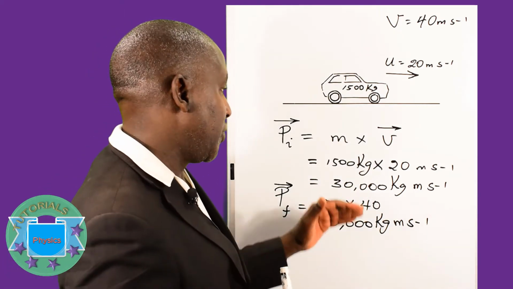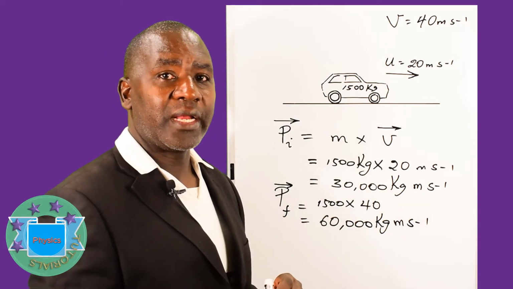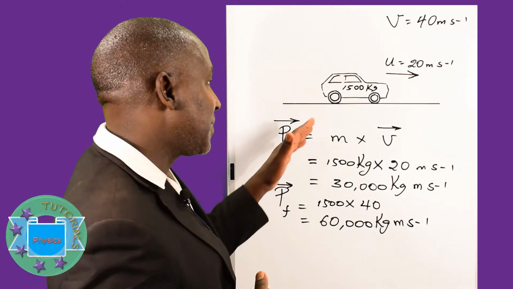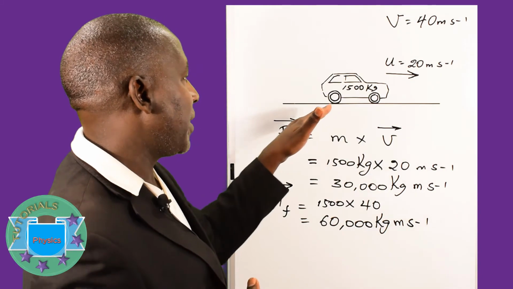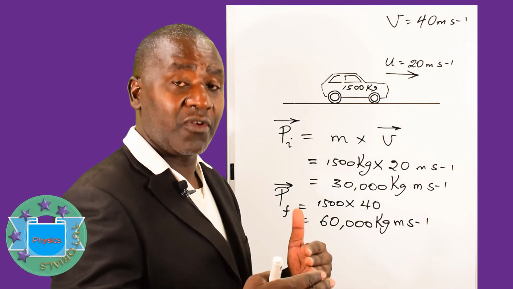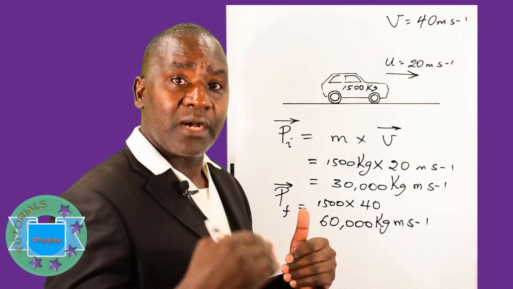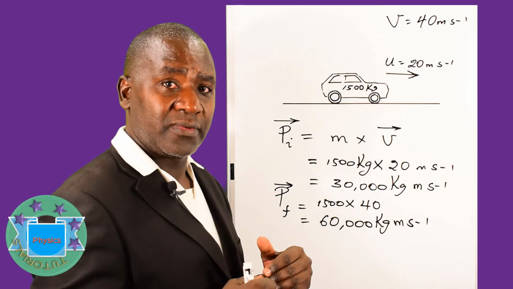We have also reviewed the factors which affect momentum of an object. At this particular point, I'd like to compare this small van with a truck of 20 tons of mass, 20 tons. That means 20,000 kilograms.